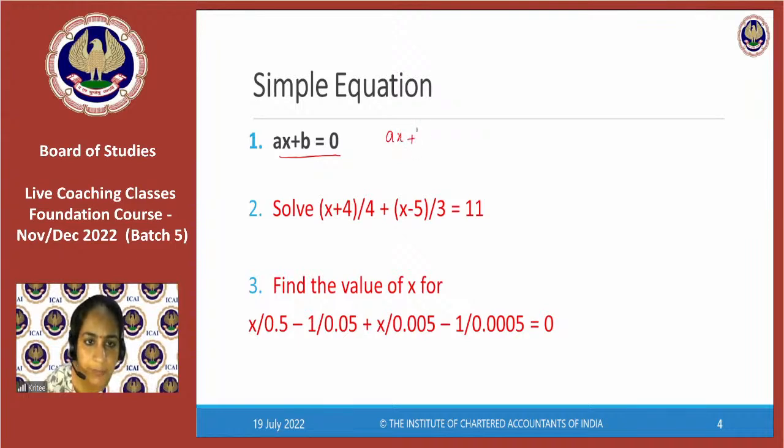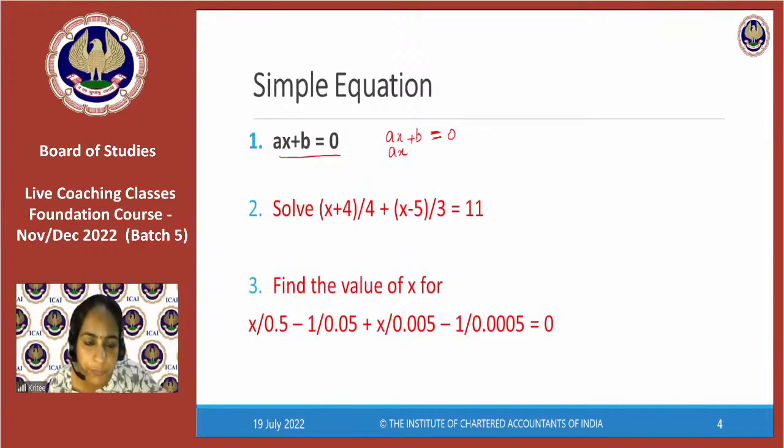ax plus b is equal to 0. Now I have to find out the value of x here. So what would I do? I'll keep x on one side of the equation and take all the other numbers to the other side. When I shift numbers to the other side of the equal to sign, their individual mathematical signs change.